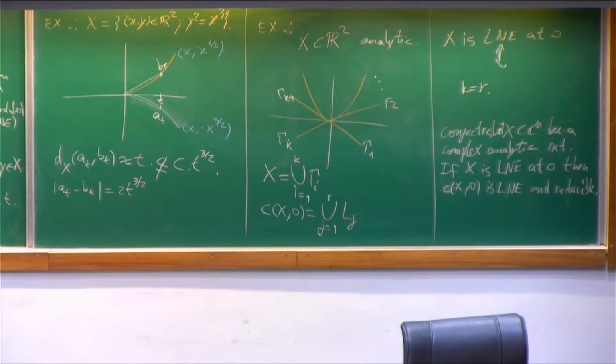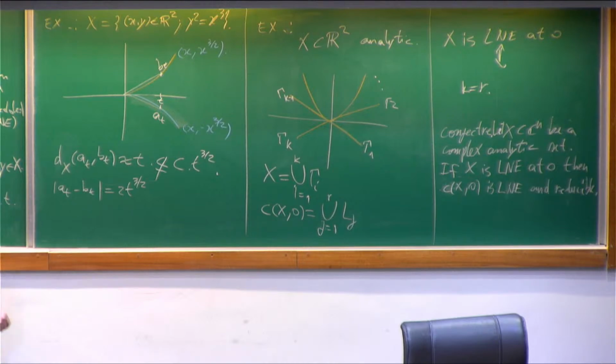This is an ideal. I will call this E star of X, for example. And then we have the quotient ring of the polynomial ring by E star of X.